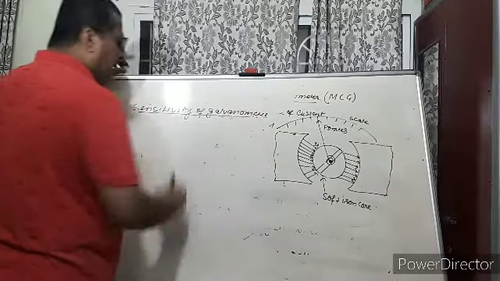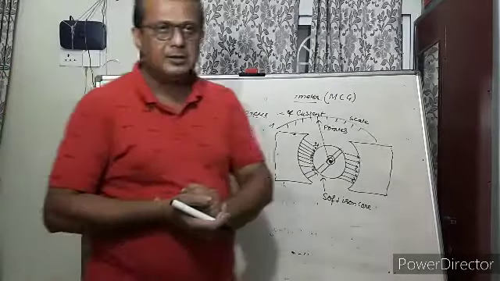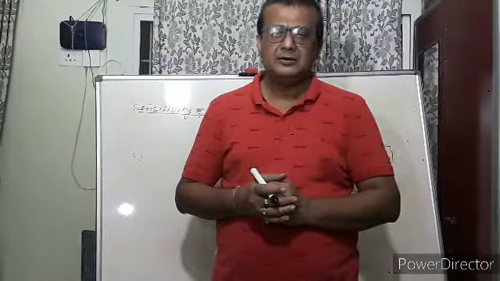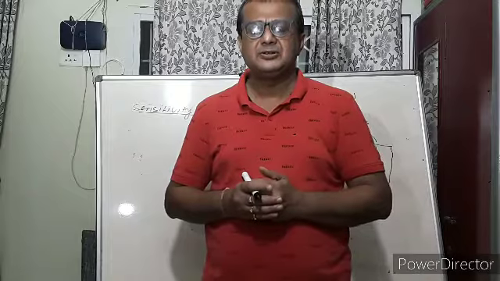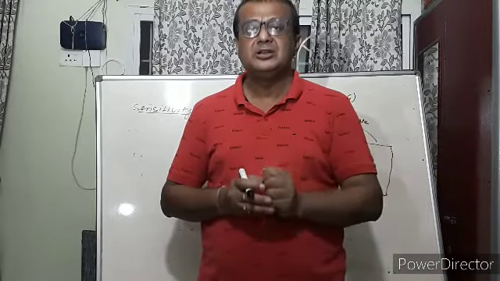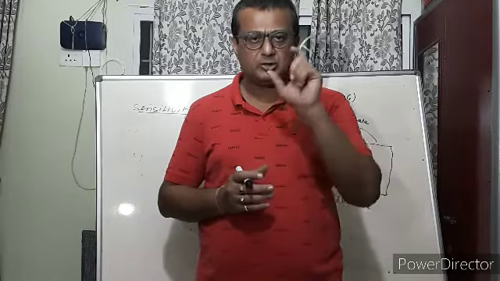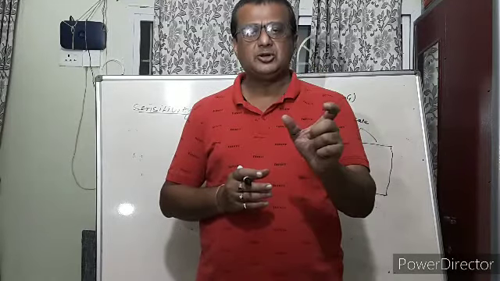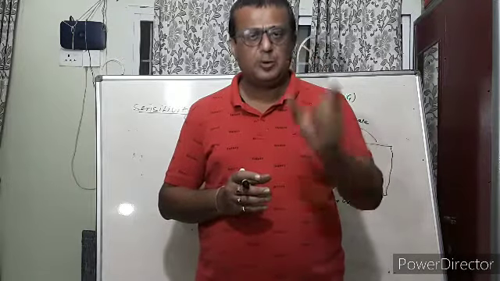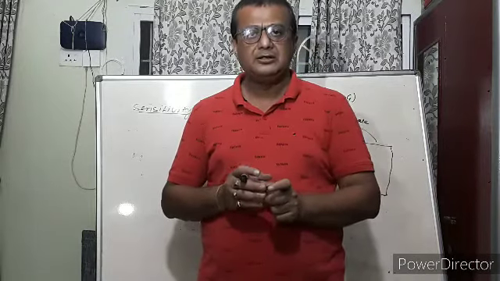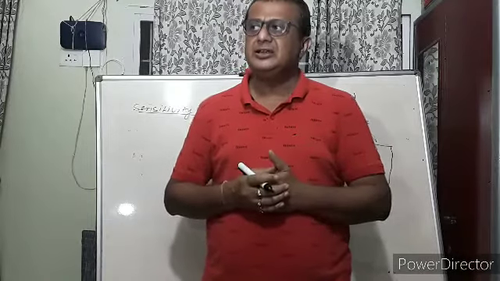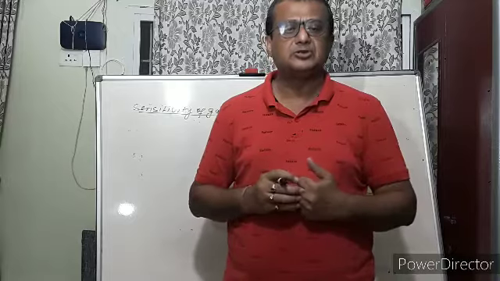Sensitivity of galvanometer means, in a small amount of current, if the pointer shows large deflection, in a short flow of current, the pointer deflects very large, then it is said that the galvanometer is more sensitive.